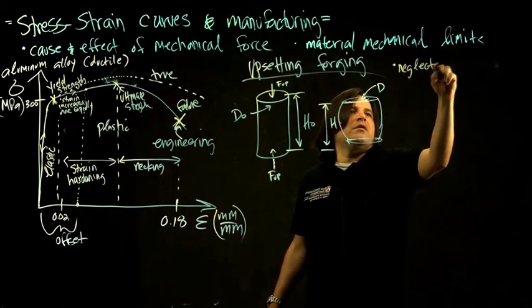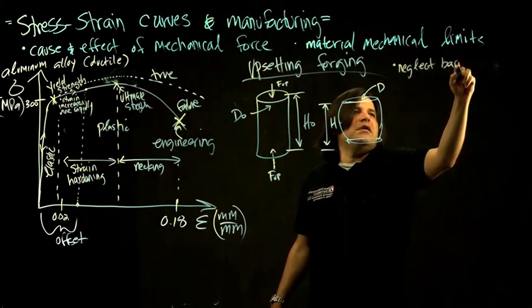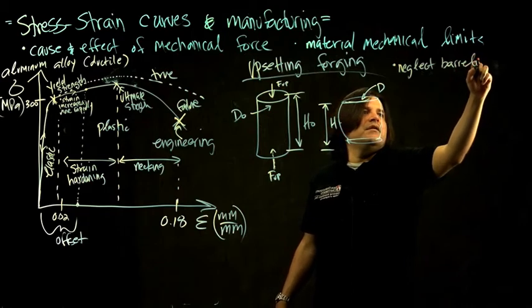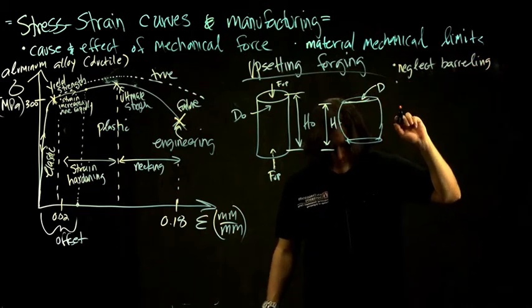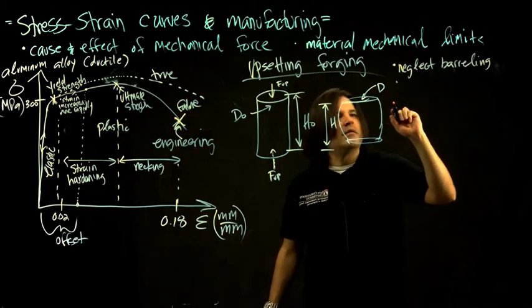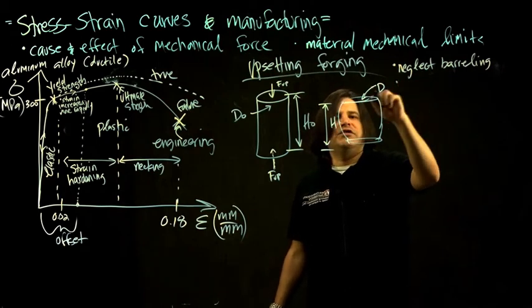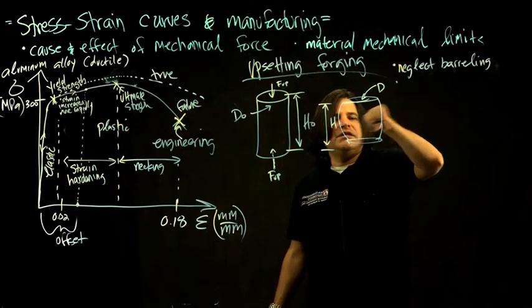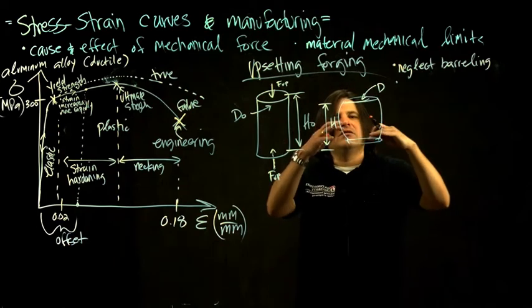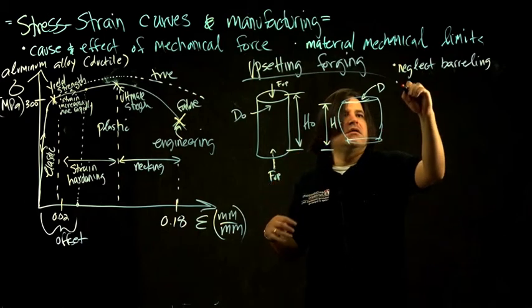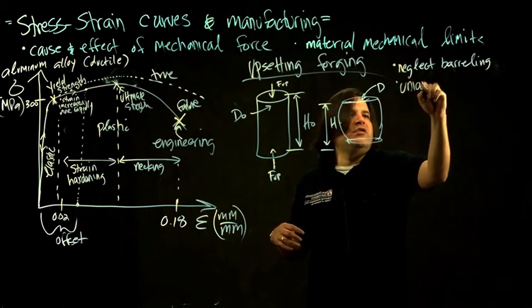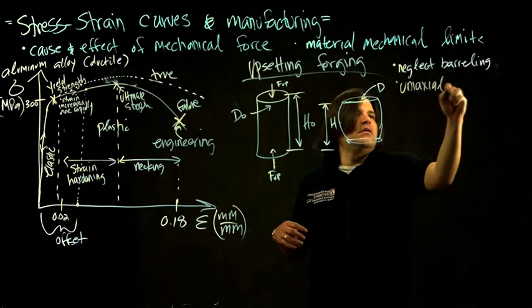we neglect the barreling, which is in effect neglecting the limitations of lubricants. The friction is the reason why it barrels, and it barrels because of the lack of uniaxial compression. So we're going to assume we do have uniaxial compression.